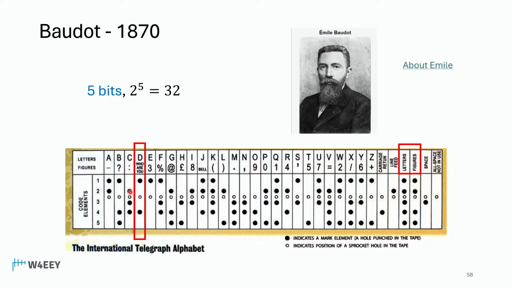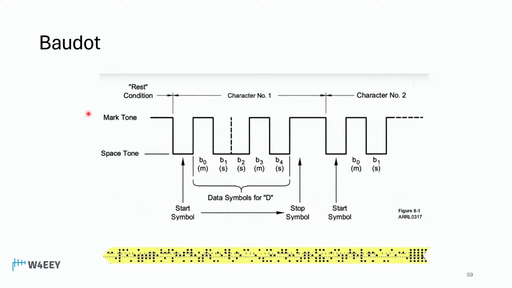So D is 10010. Remember that. Also remember 5 bits, because there's a pool question where you're going to need that. All right, let's see what happens here. Now, with Baudot and with ASCII, which we'll talk about next, this is completely asynchronous. So at an idle state, we're going to be sending a certain tone, and then we're going to shift it.